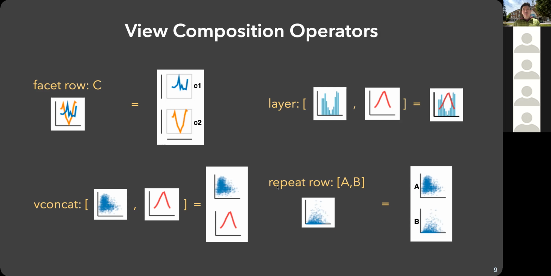And finally there is something called the repeat. The repeat is just a simplification of the concatenate. In the concatenate, we have to specify each individual visualization separately.